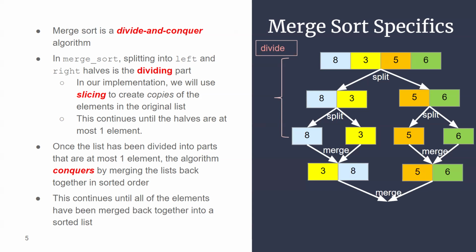So here we will choose 3. And now we will have one list of one element and one list of two elements. Now we compare again first elements of the remaining lists, and we see that 5 is smaller. So we will take 5 in our result.